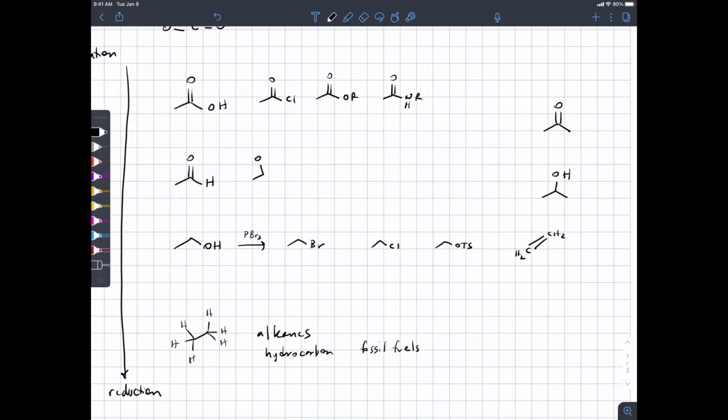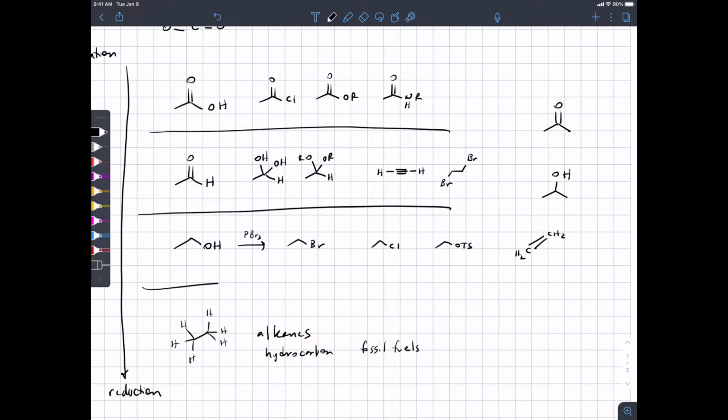Aldehydes you can convert into something called the hydrate without changing oxidation state. You can convert it into something called the acetal, which you won't see till 352. Though we won't learn it here, the aldehyde is roughly at the same oxidation state as the alkyne, which is roughly at the same oxidation state of the vicinal dihalide. And you could even put epoxides in this category, but most of this is just general familiarity.